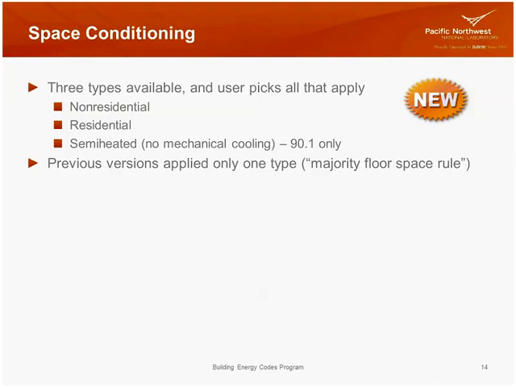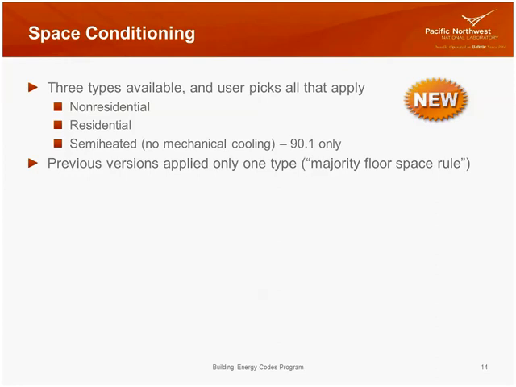It means no mechanical cooling, but it's only an option if you were showing compliance to ASHRAE 90.1. Then there's other things that might be applicable, such as versions that are applied to only one type. There is a majority floor space rule, and I'll get into that as well. But these space conditioning types, you could have all 3 in your project.